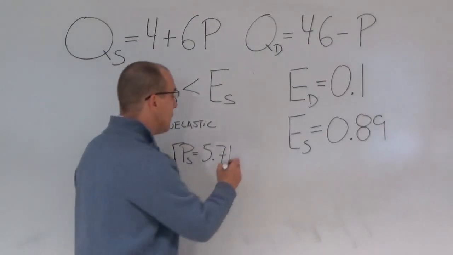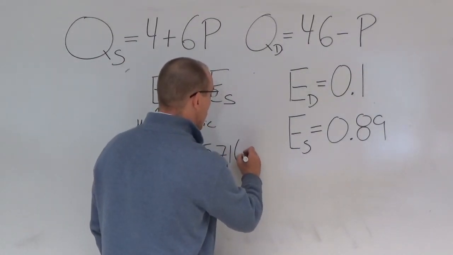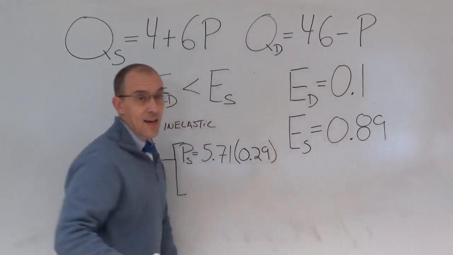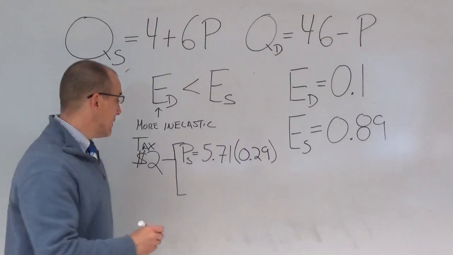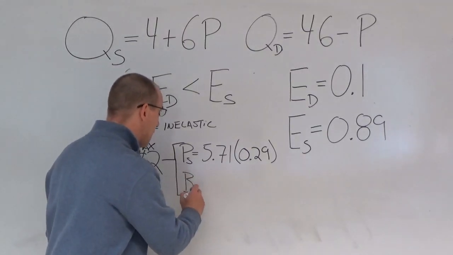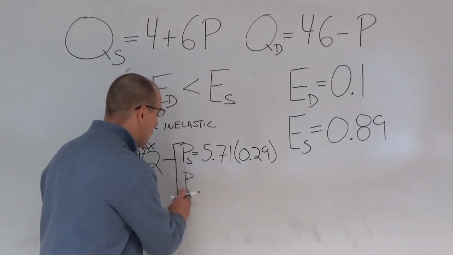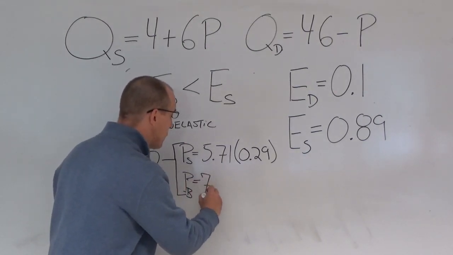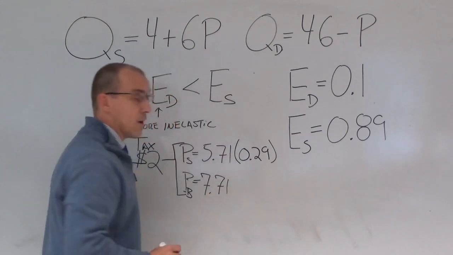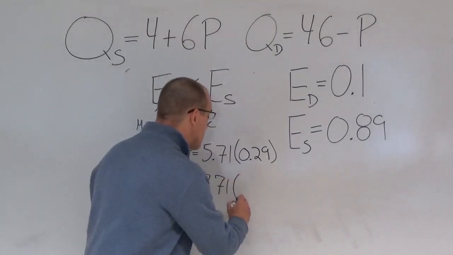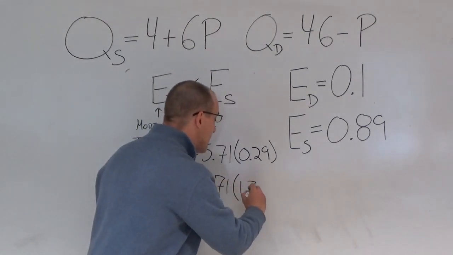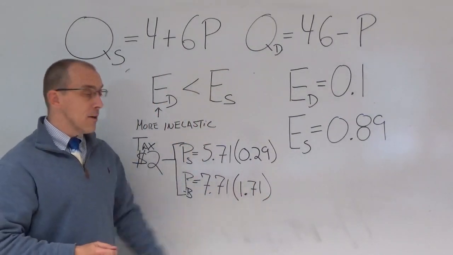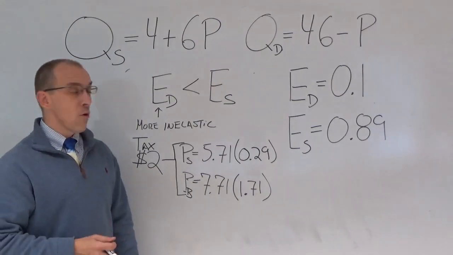And as we talked about, what they bore of the tax was 0.29 or 29 cents of the tax. The buyers, on the other hand, the price borne by the buyer, well, that was 7.71, which meant that they actually bore $1.71 of the tax. The buyers from the previous problem paid more of the tax.